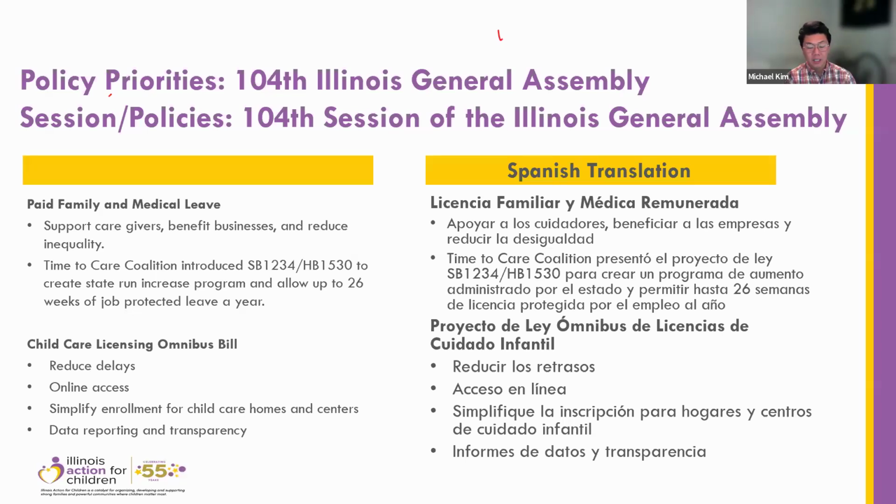As Angela mentioned, as the new department is getting set up and things will be changing, we wanted to address some of the current issues with licensing delays and the ability for providers to get teachers hired quicker, hopefully get more information through web portals and online, simplify enrollment for documentation issues, and hopefully get more data and transparency from DCFS to providers.